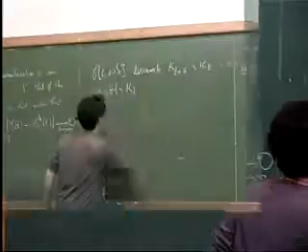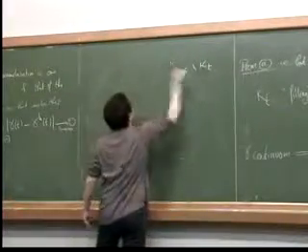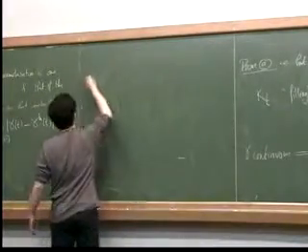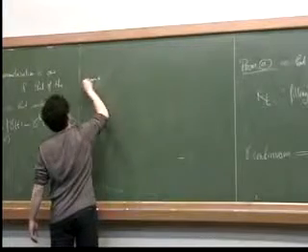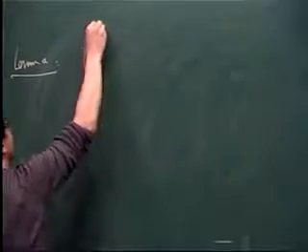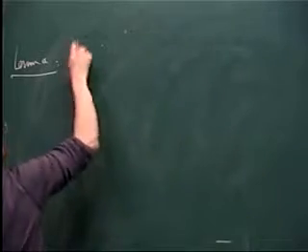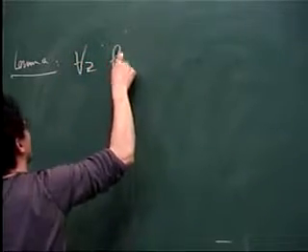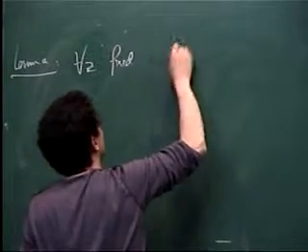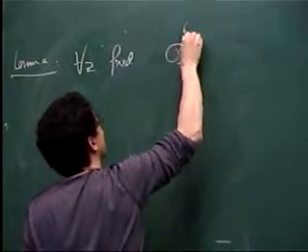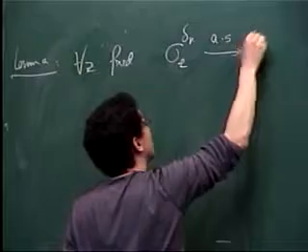Now the lemma is that, for each fixed z, sigma z delta n converges almost surely to sigma z.